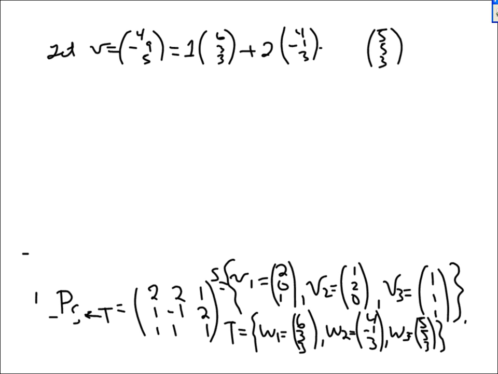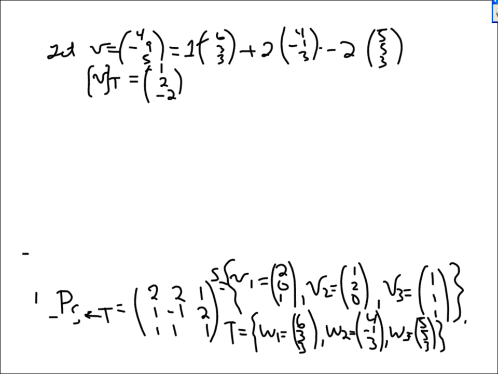How about negative 2? 1, 2, and negative 2. Convince yourself that was correct. So V sub T is, oops, let me write this down correctly. The coordinates of V with respect to T is 1, 2, negative 2.